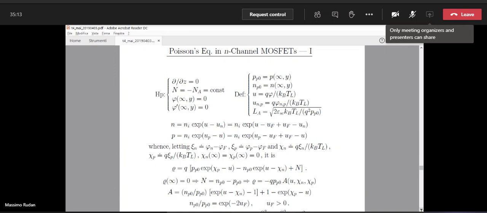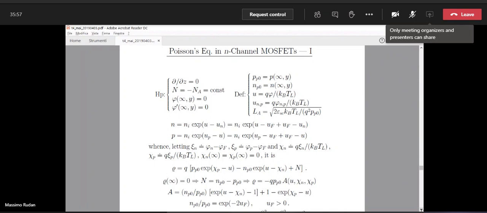Similarly, we define the variation of the quasi-Fermi potential for the holes, phi p with respect to phi f, and then we call this psi p. Then we need the normalized quantities corresponding to psi n and psi p. We call them chi n and chi p. And they are, of course, q psi n over kT, q psi p over kT. Again, chi n goes to 0 at equilibrium, and chi p also goes to 0 at equilibrium.